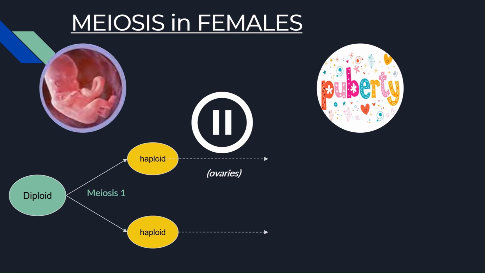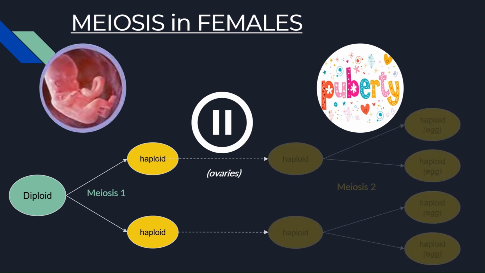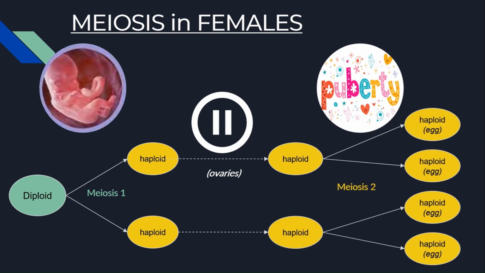One cell at the end of meiosis 1 enters meiosis 2 each month. And the result of meiosis 2 is actually a single egg per cycle, because the other meiotic cells disintegrate, and each egg cell contains 23 chromosomes and is haploid.